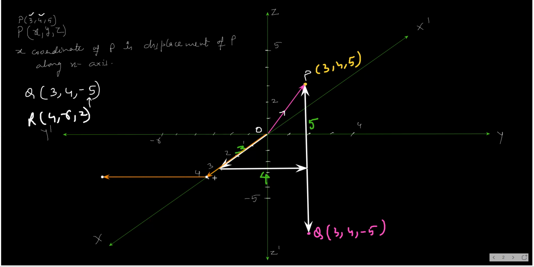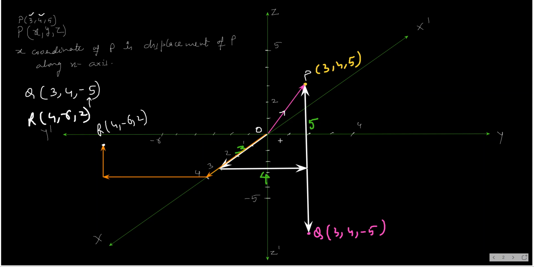From 4 you go negative 6, and then you have to go positive 2 along z-axis. From here onwards you have to go positive 2. This is point R. What are the coordinates? R is 4 comma minus 6 comma 2.